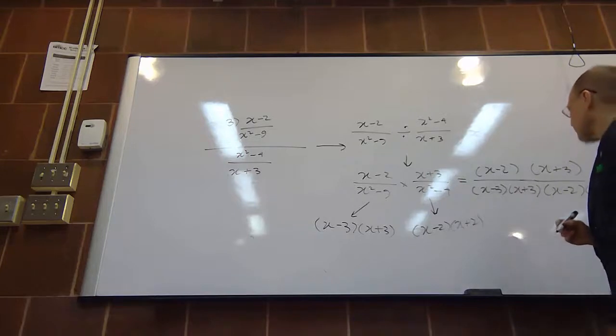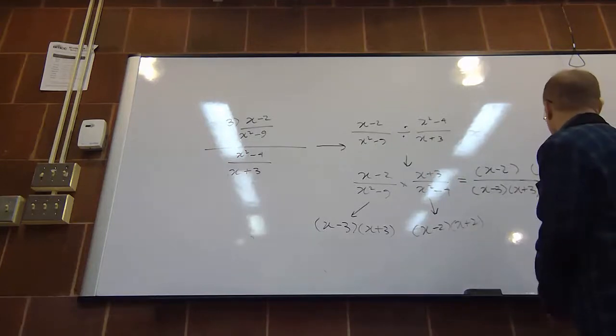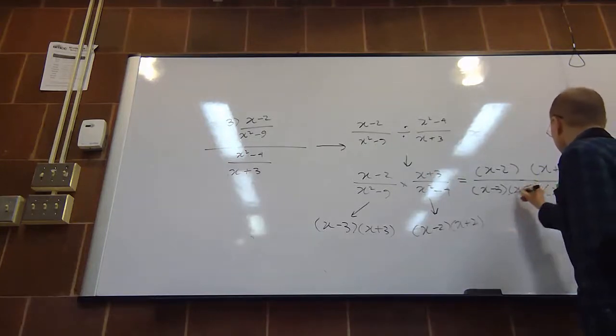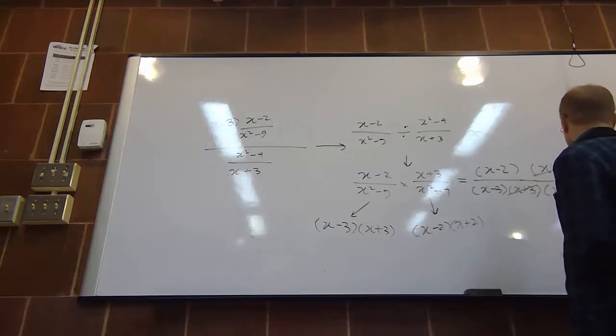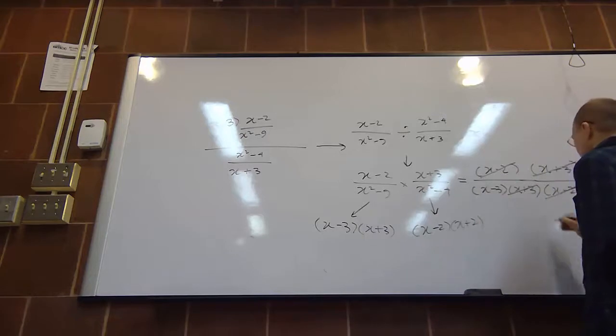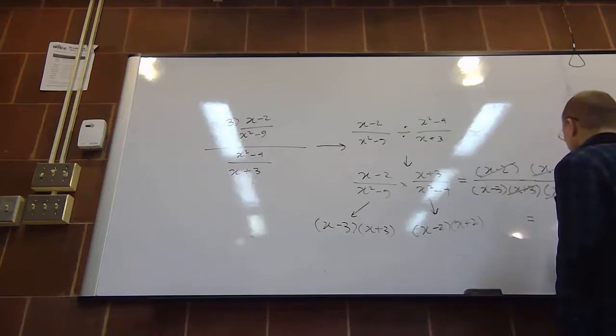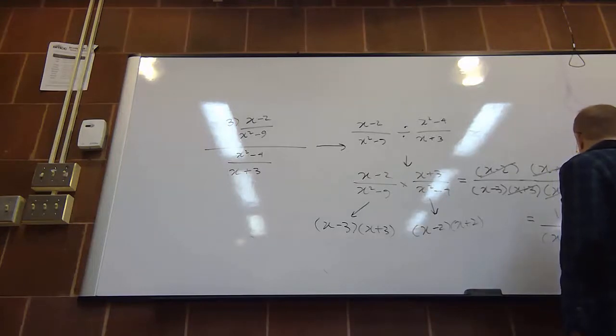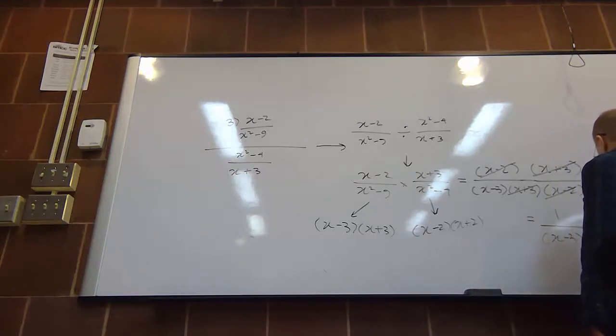And now we can start canceling, and here we cancel the x plus 3, x plus 3, and here we cancel the x minus 2, and we end up finally with 1 over x minus 3, x plus 2.